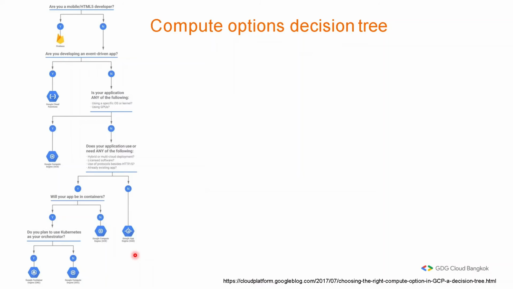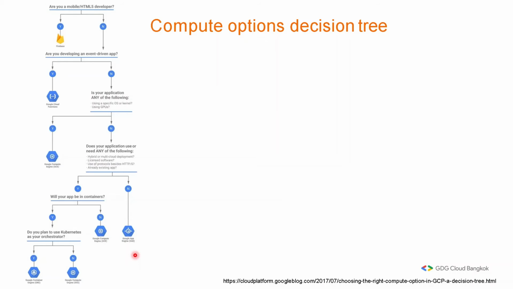For the compute options decision tree, for example, if you are a mobile or HTML5 developer, then you have to go with Firebase. Or else, if you are developing an event-driven app, if yes, then you have to go with Google Cloud Functions.